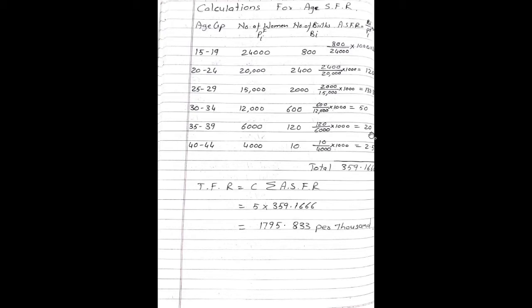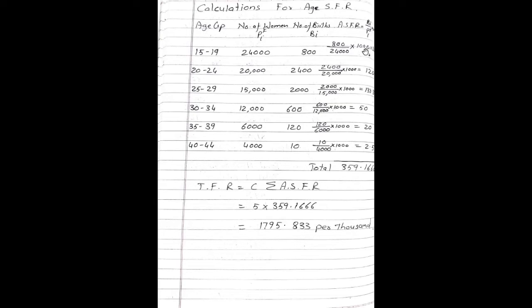Answer is 20. Then last age group is 40 to 44. Number of women are 4000. Number of births are 10. So ASFR calculations 10 upon 4000 into 1000. So answer is 2.5.